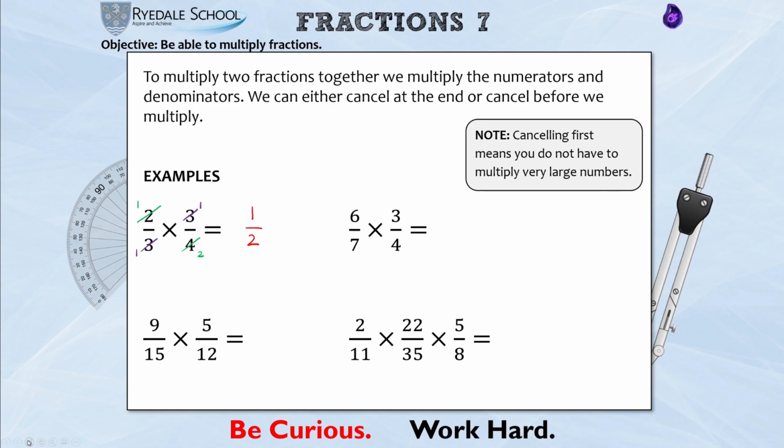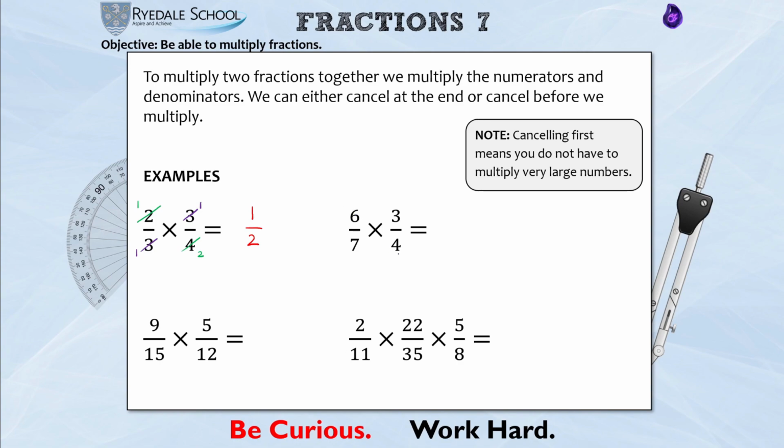So let's look at my second example, and we'll see if we can spot anything that cancels. Now remember, you have to cancel a numerator with a denominator. So I can't say 6 and 3 are both in the 3 times table, I'll cancel those, because they're both numerators. It has to be a numerator with a denominator.